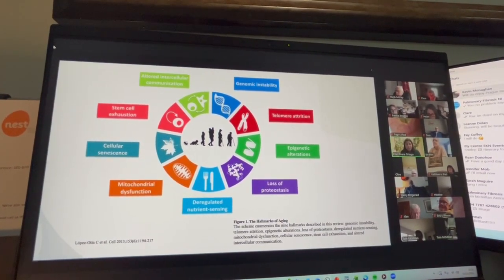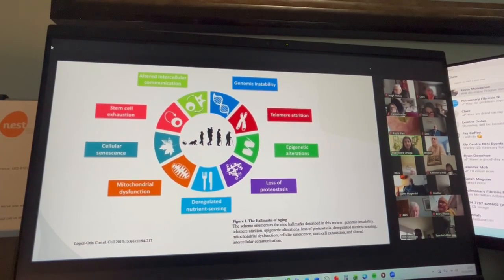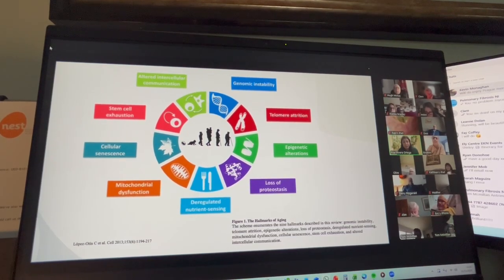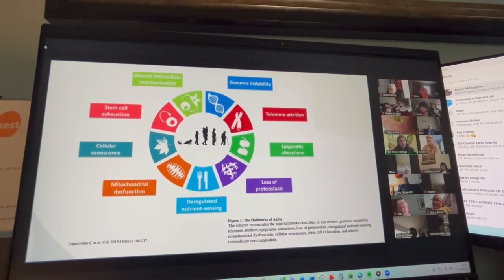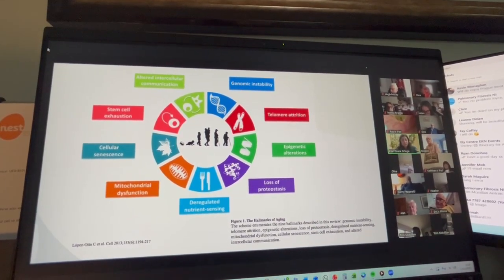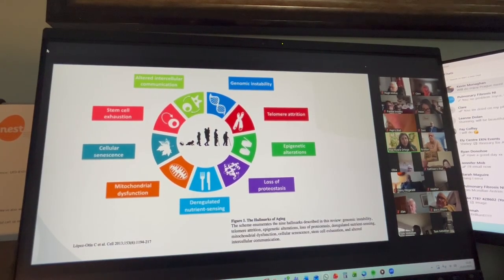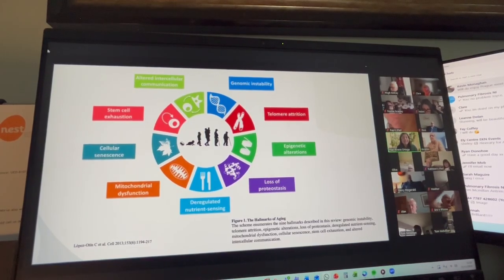So at some point cells, which are very clever, say: okay, I am not as good as I used to be, and I will decide that I will not have more children anymore. I will stop the mitosis. That means I will enter a process called senescence.